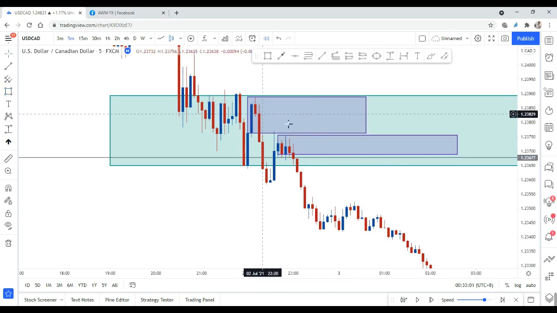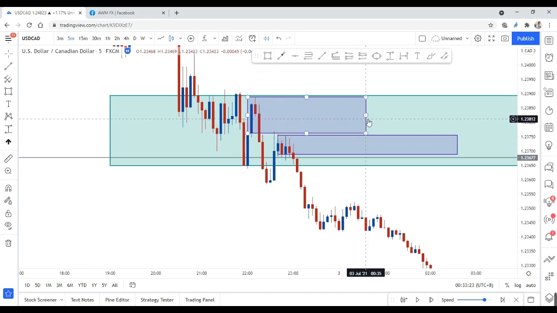Actually, it's true. Both of these zones can be considered fresh zones, even though this candle touches a bit. It's a very slight touch, so this zone is considered fresh.